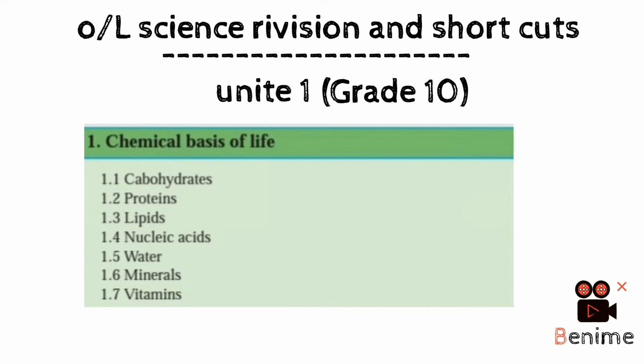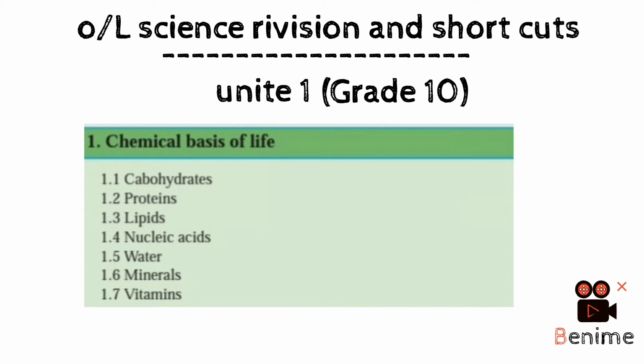Vitamin is also an organic compound, but it is not a main organic compound. Nucleic acids, lipids, carbohydrates and proteins are the main organic compounds.